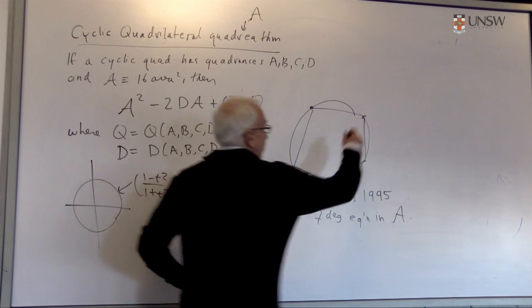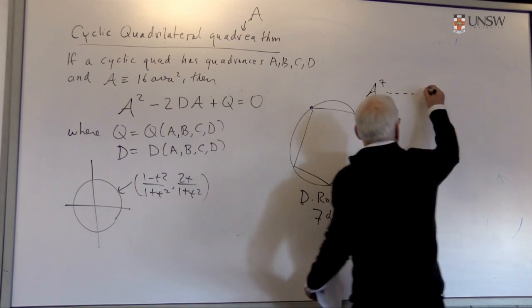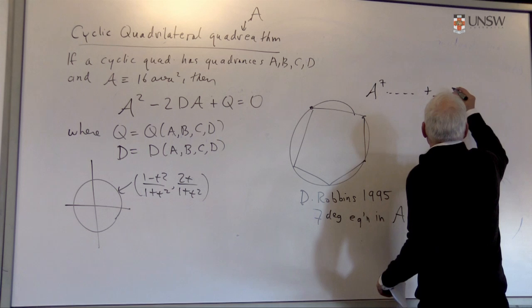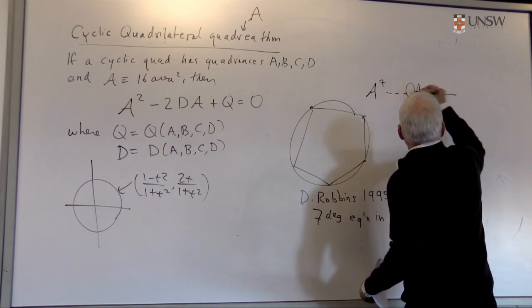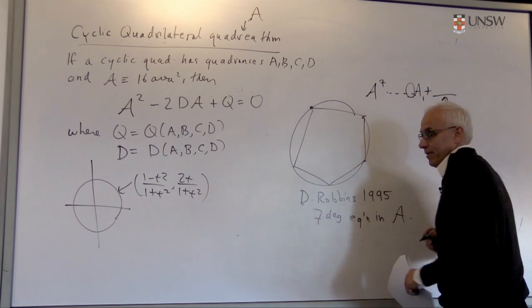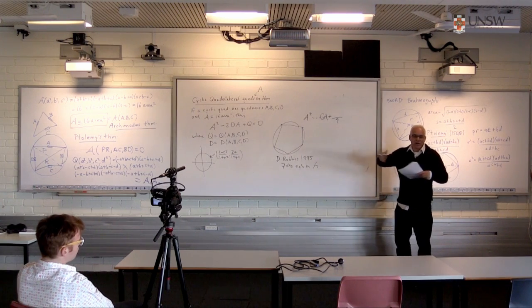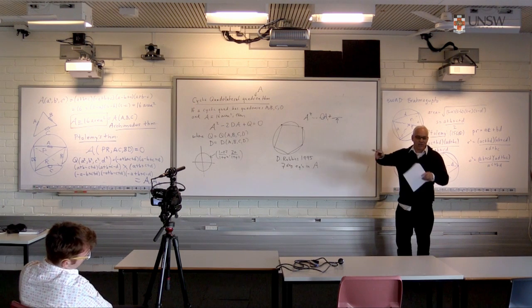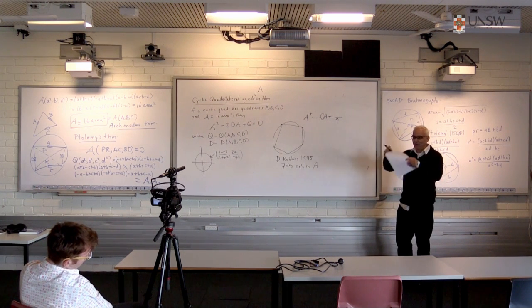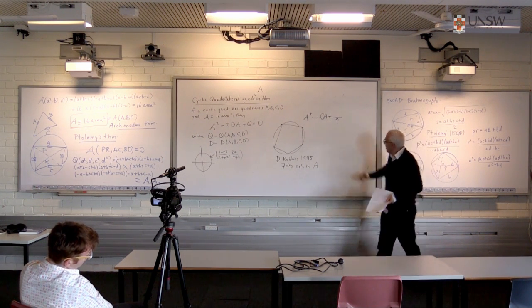And when you write down that 7-degree equation, eventually you get some constant term. The constant term, which is, of course, the product of the 7 different possibilities. If you're given the 5 quadrances, you can build a lot of different ones.